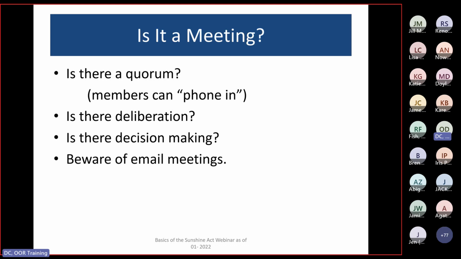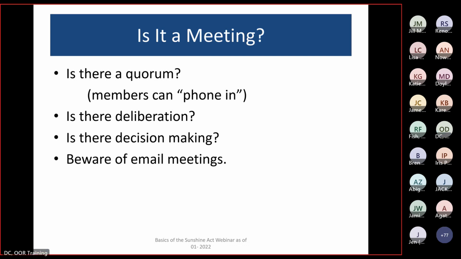However, the connection must be direct, meaning that you can't have someone sitting there with a cell phone up to their ear relaying messages between those who are physically present and those who are phoning in. The person phoning in needs to be able to hear directly everyone who's physically present, and everyone who's physically present must be able to hear the person who's phoning in. It could be like a conference call, or like I said, an online platform that would allow that back and forth.